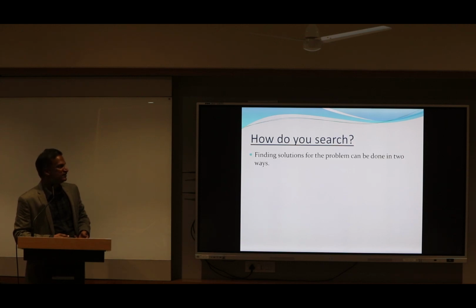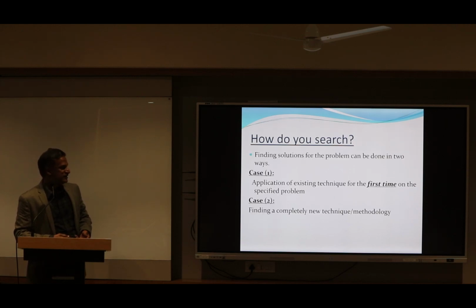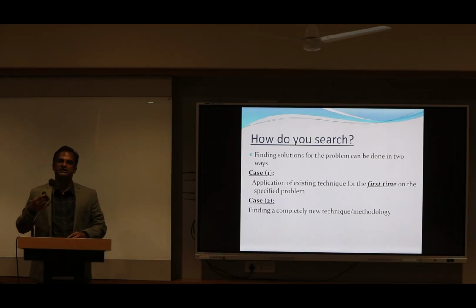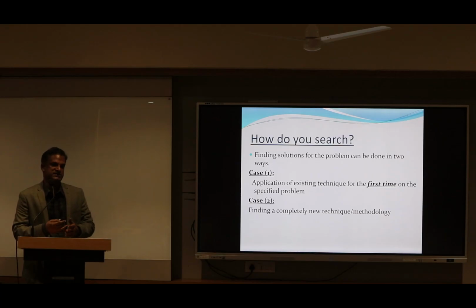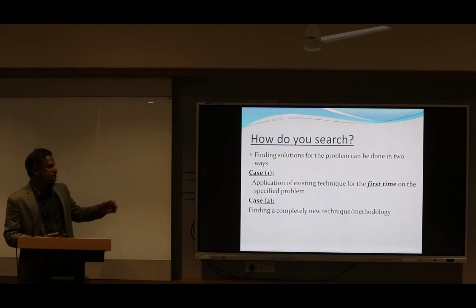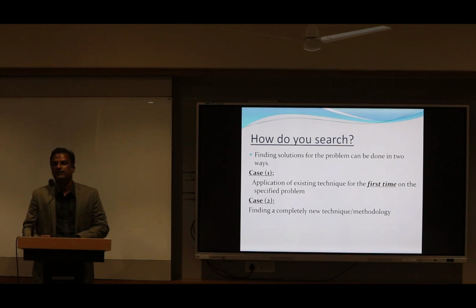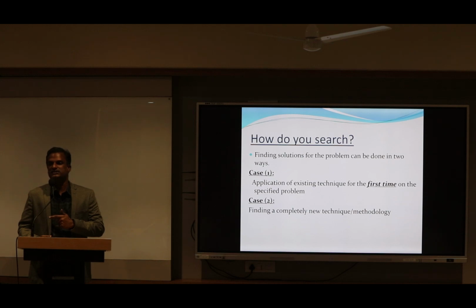How do you search? You can do it in two ways. As I told you, case 2 is the most preferable thing for a research paper in 2026. But if you say that, sir, I am already crossing 50, I cannot write a new research paper, it's very difficult for me to find some new methodologies, right? You can also follow case 1, but you need to do a thorough literature survey to check whether that methodology is used on your application for the first time.